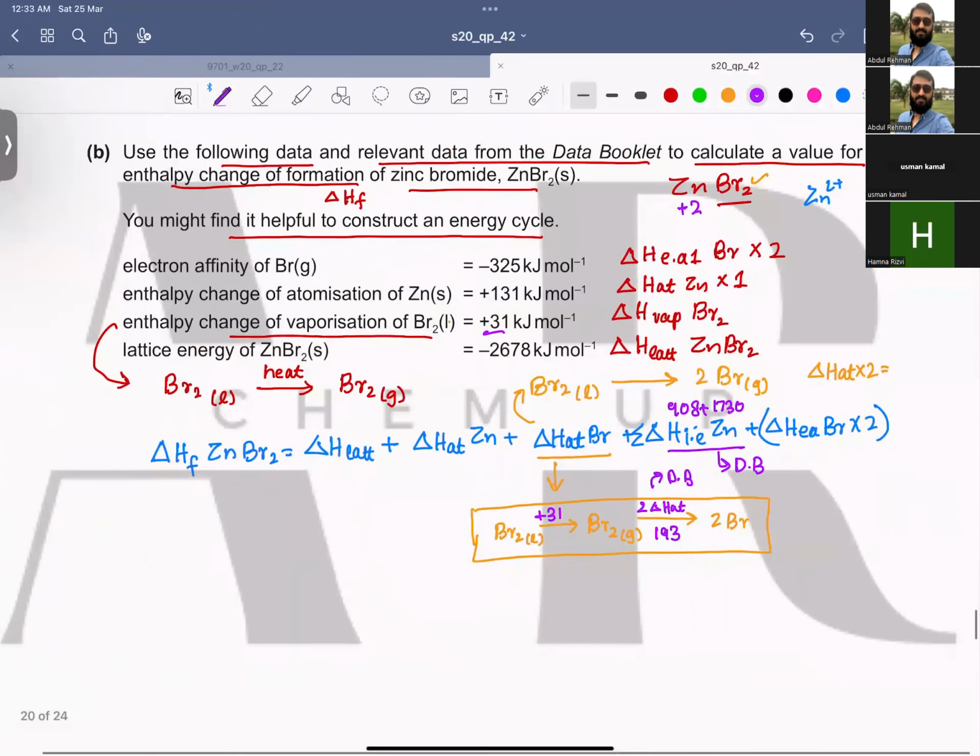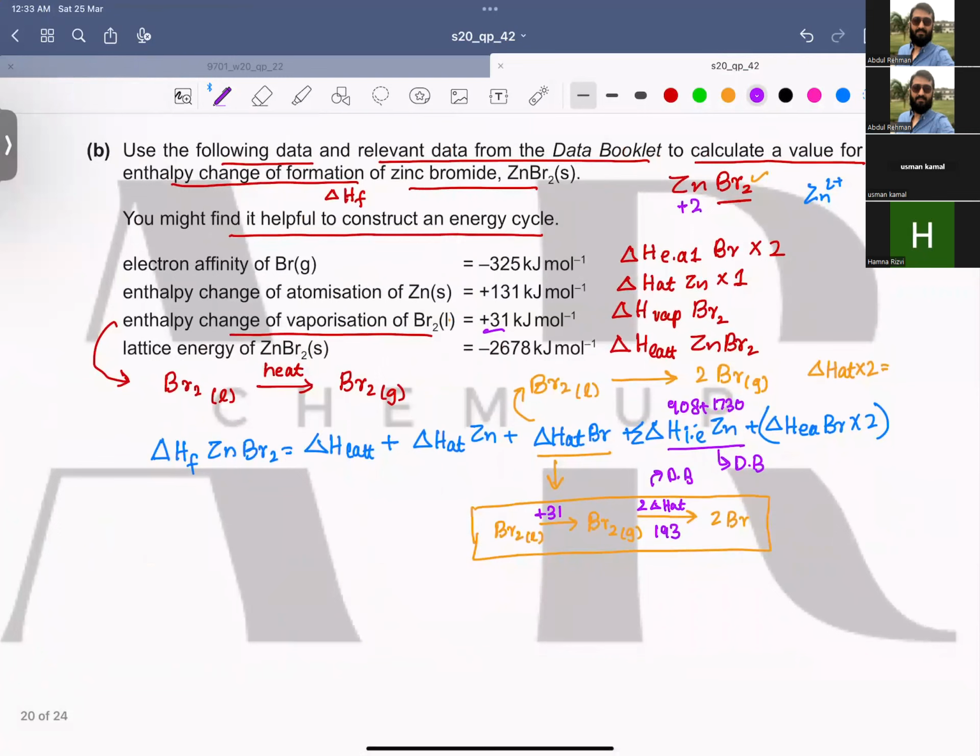तो ये हमने डाटा बुकलेट से वैल्यूज देखी। The rest of the values are over here, so you just need to put the values. So lattice energy is minus 2678, plus atomization of zinc is positive 131, plus atomization of bromine is positive 31, plus 193, plus ionization energy of zinc.